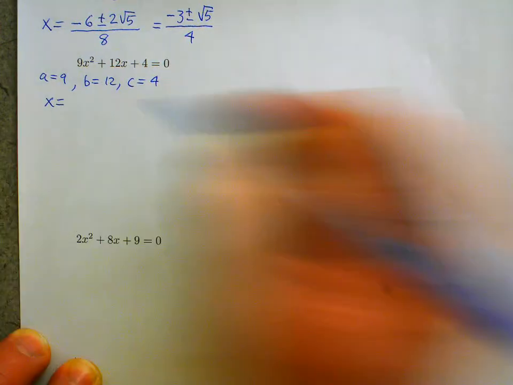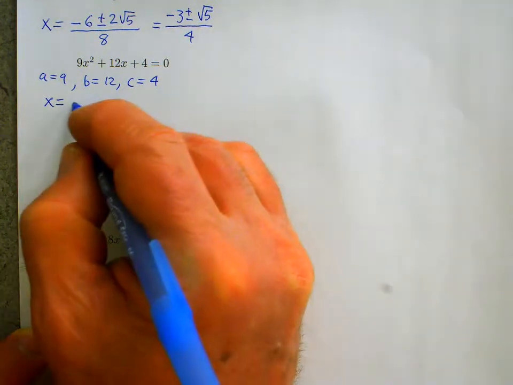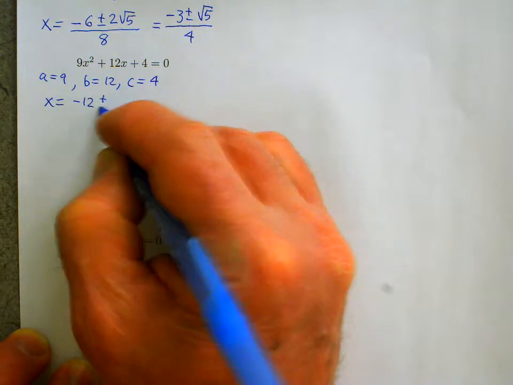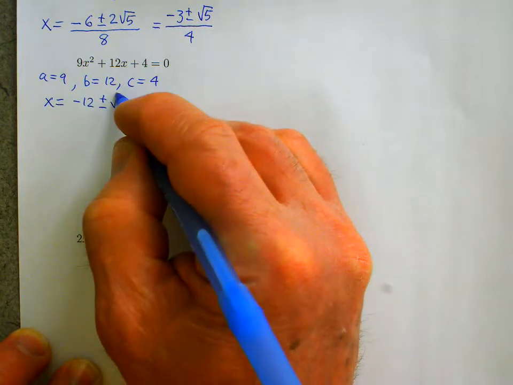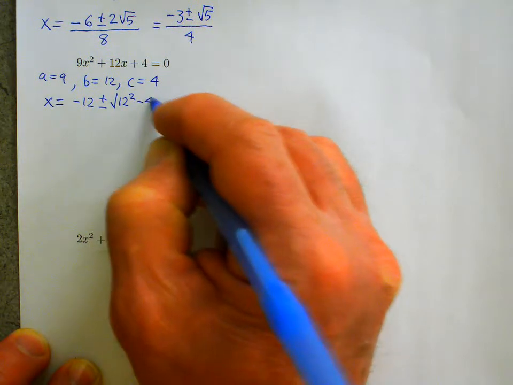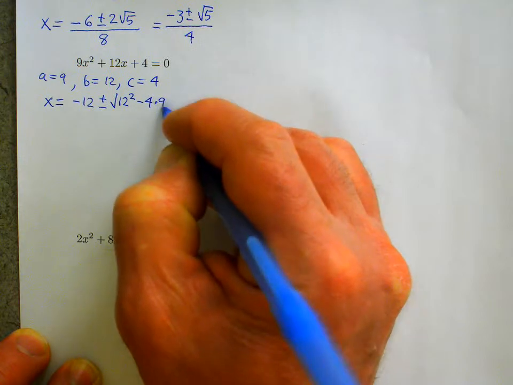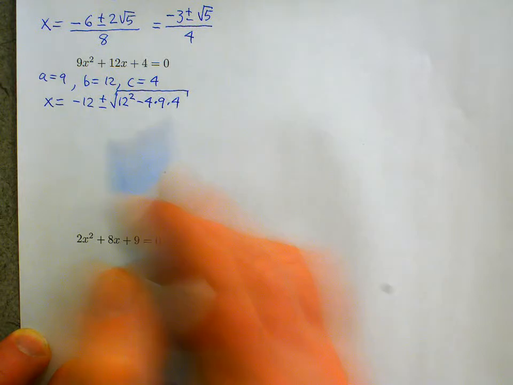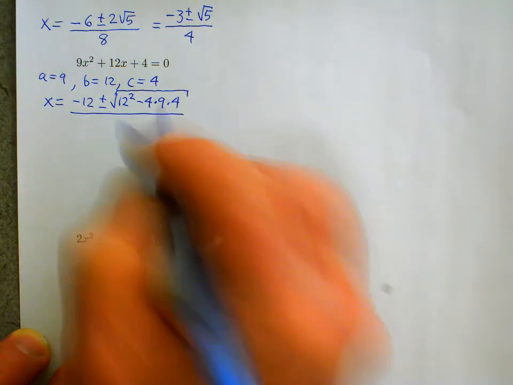So we write x equals negative 12, that's the negative b part, plus and minus the square root of 12 to the second minus 4 times 9 times 4, all divided by 2 times 9.